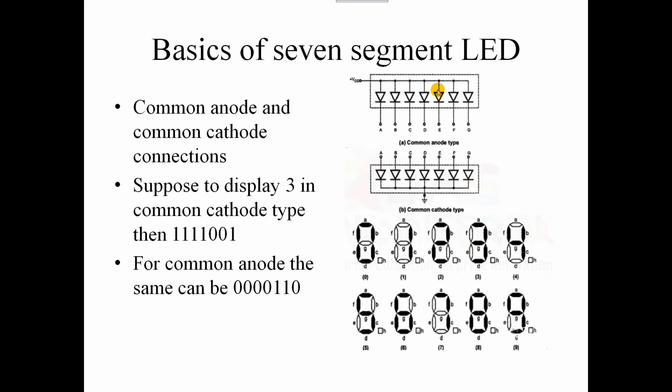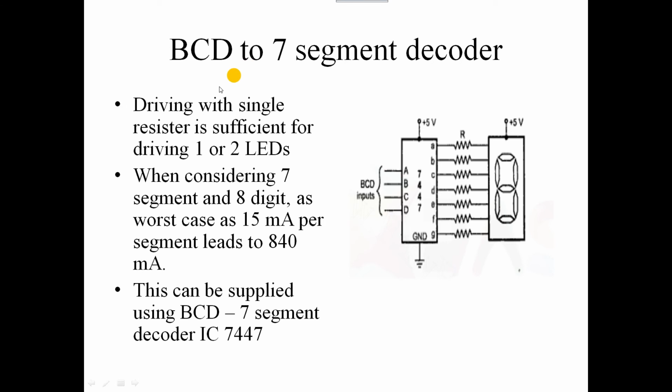The current may be regarded as 500 milliampere or 300 milliampere. Regarding that current, if we apply a 220 ohm or 250 ohm resistor, then it is okay for a single or two LED segments. So driving single LEDs with a resistor is okay. That is not a problem.